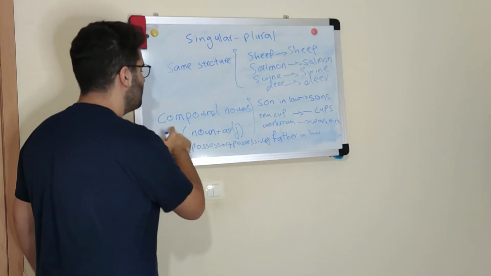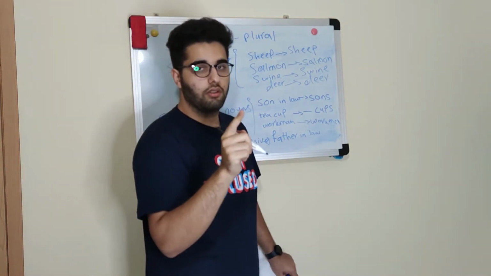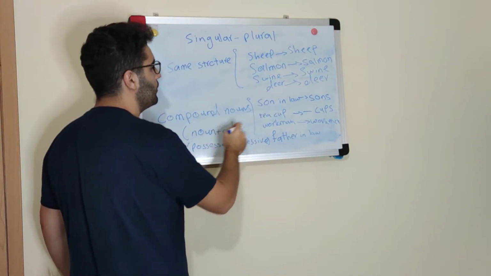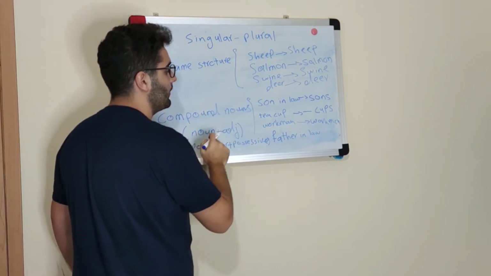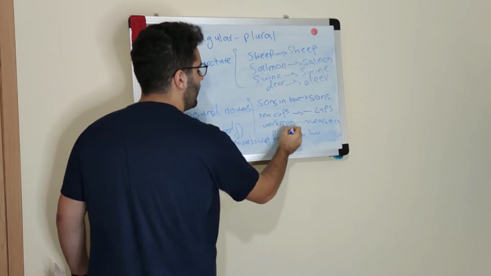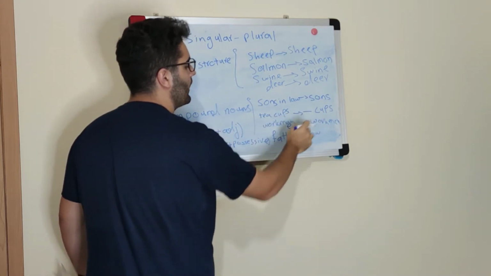So compound nouns have one rule. The rule is we add the plural s to the noun, not the adjective. We add it to the noun, or this one is irregular, so we say workmen.